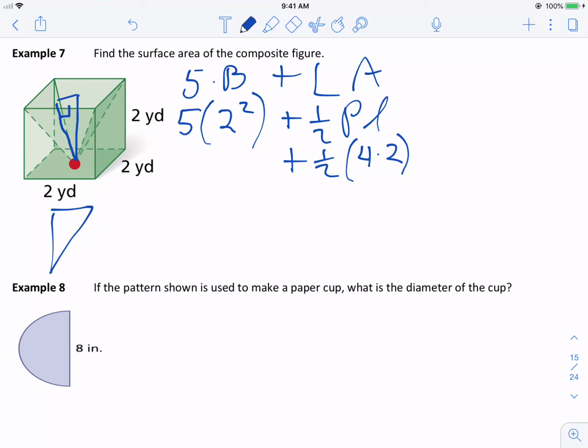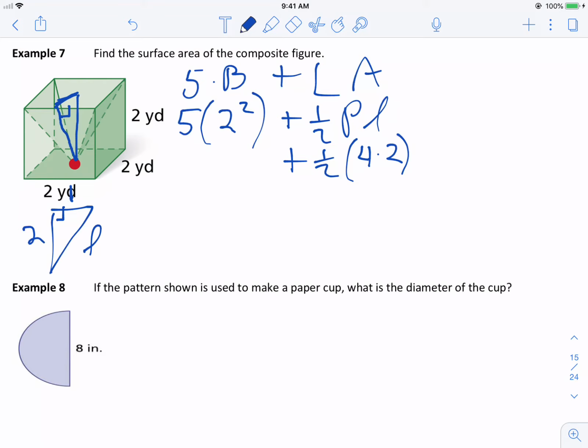We know that the height of this is going to be 2. And this distance here is going from the center of that square base out to the edge, so you're really cutting that in half. So we have 1 unit for that. And this slant height is the hypotenuse of this triangle. That's what we're trying to find.